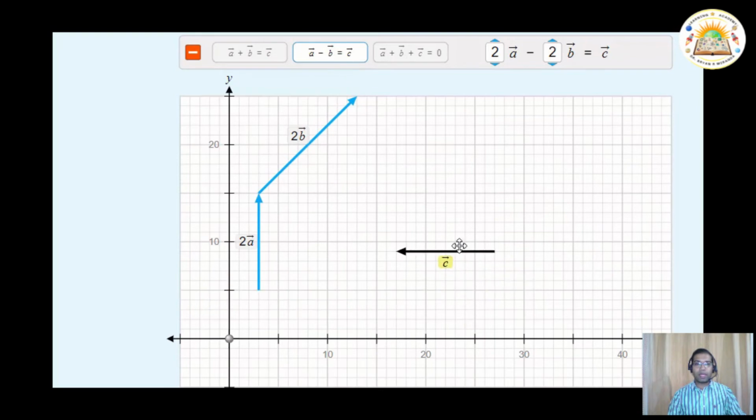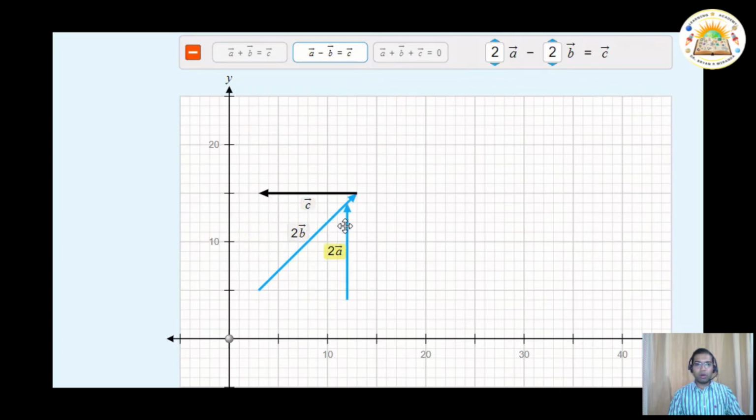I have magnitude of A as 2, magnitude of B as 2, that is what I've written here according to this equation, and this has to be equal to C. So this is how we can write. So we can see that A and B are in two different directions. So if I'm looking at the triangular law, I can say that B vector and C vector are in the same direction, and A vector is in the opposite order, or you can even put it like this.